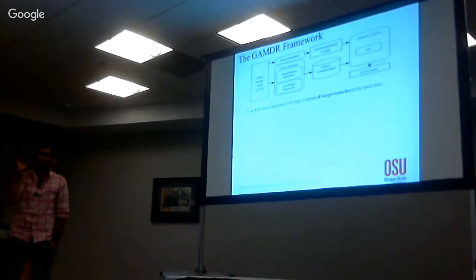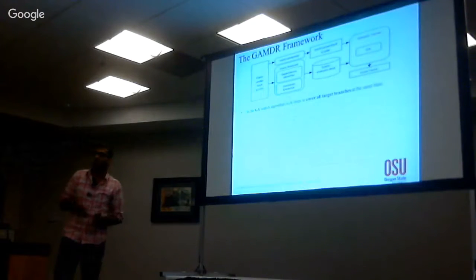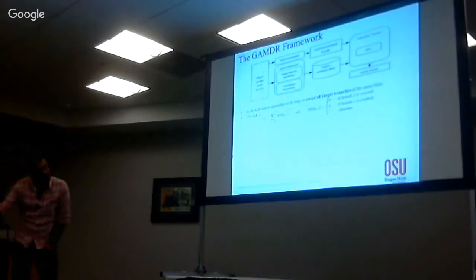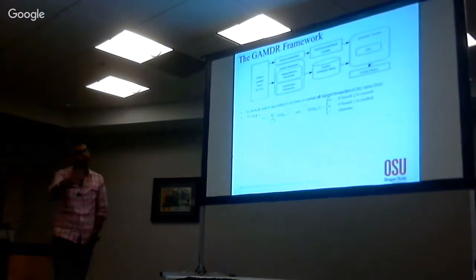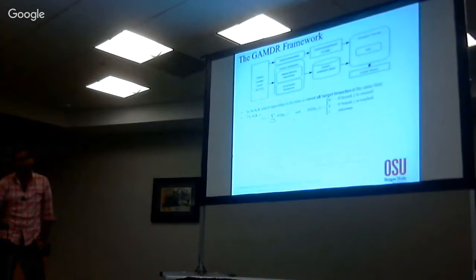It does not target one branch at a time, like the technique that EvoSuite does. And we use a fitness function that collects the branch distances of the uncovered branches.